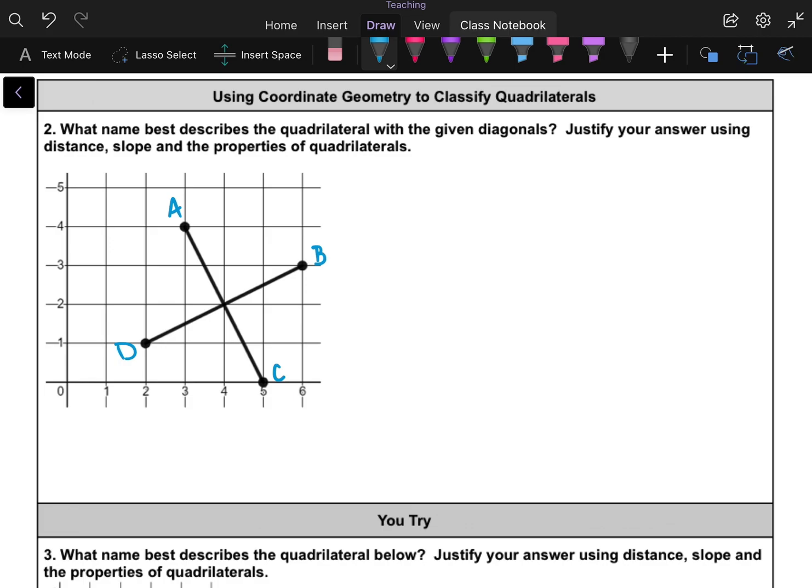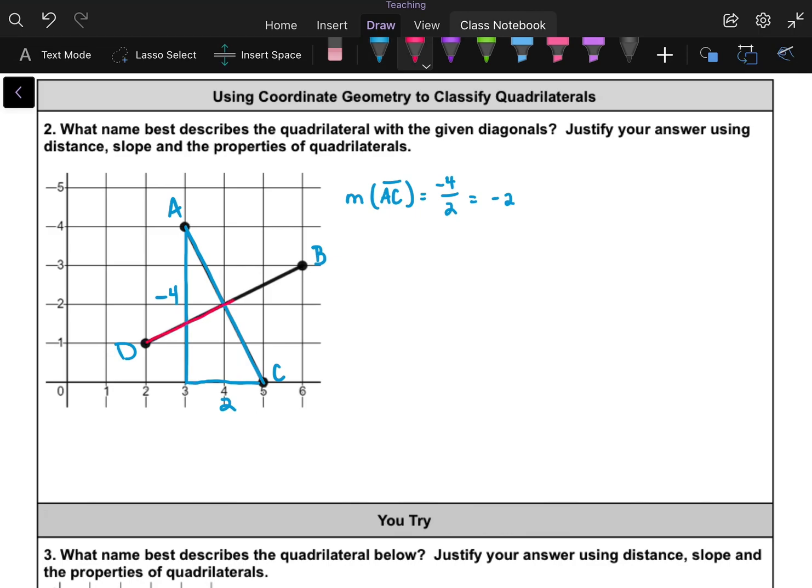So let's start by looking at the slopes of these diagonals. My first diagonal here, we'll look at AC. So for the slope of this, I'm going down by 4, so that's a -4, right by 2 here. So the slope of diagonal AC is equal to -4 over 2, which simplifies to -2.